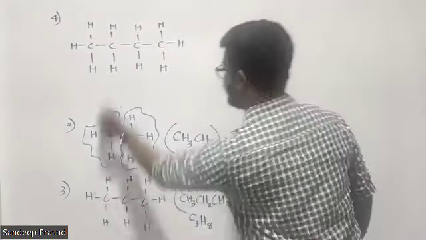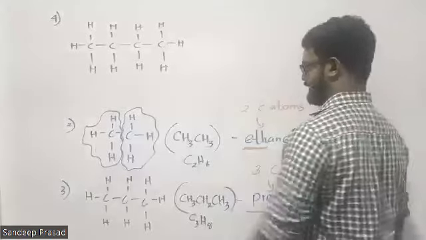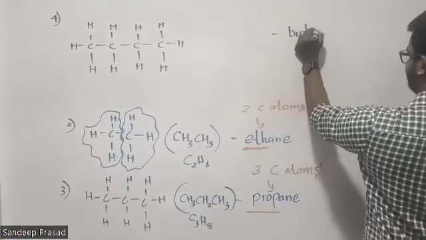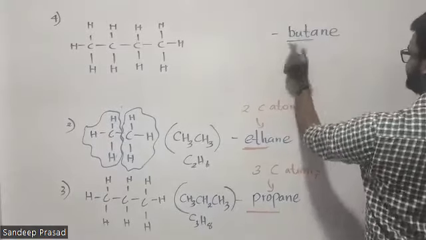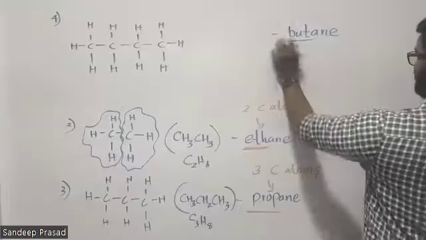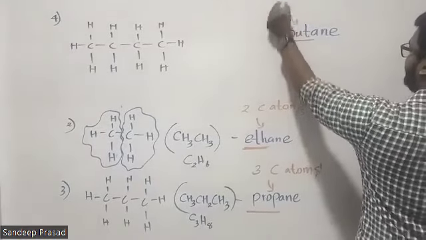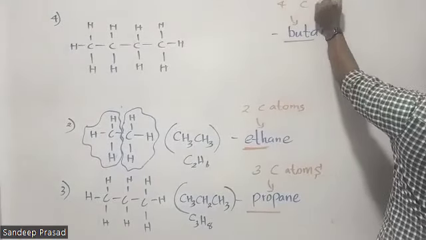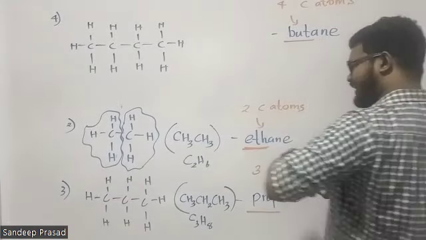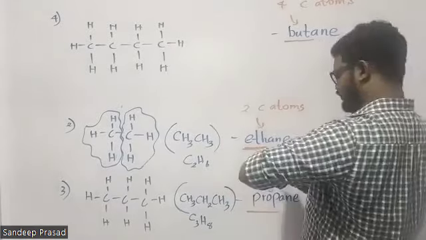That means in the middle, we are adding another CH2. So therefore, this is considered as butane. But means 4 carbon atoms, 4 carbon atoms. Right? How can we write the molecular formula in the short way?